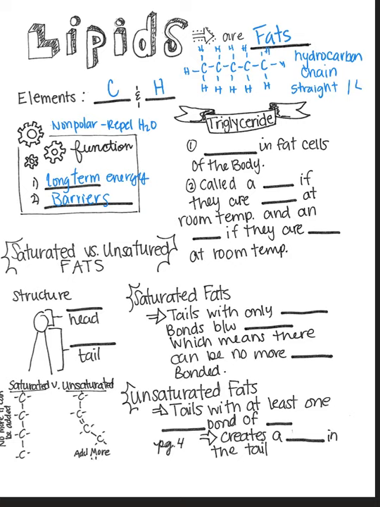Now, we've talked about monomers. Remember, a monomer is that one single part. It's like a brick of a house. It's that one basic part that can't be broken down anymore. Well, it can be, but it's that one basic part for that molecule. So, in lipids, the monomers are called triglycerides. I'm sorry. The monomer is a fatty acid, not triglyceride.